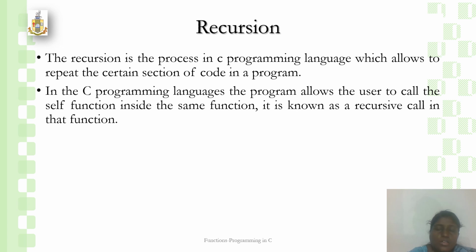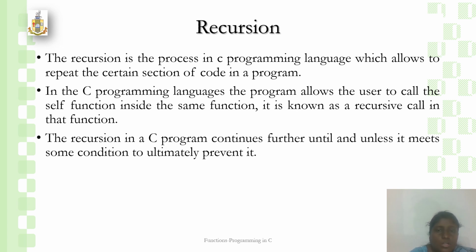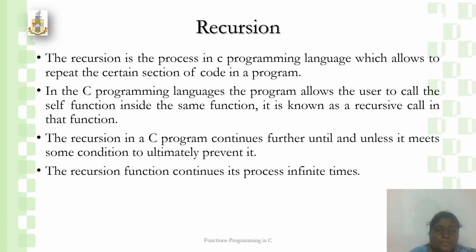So this is called a recursive call. The recursion in a C program continues until it meets some condition that ultimately stops it. So the end condition has to be given in the recursive function, else your control will not get stopped.